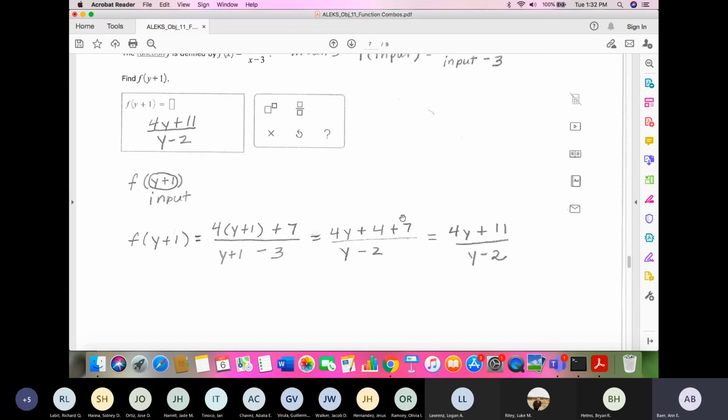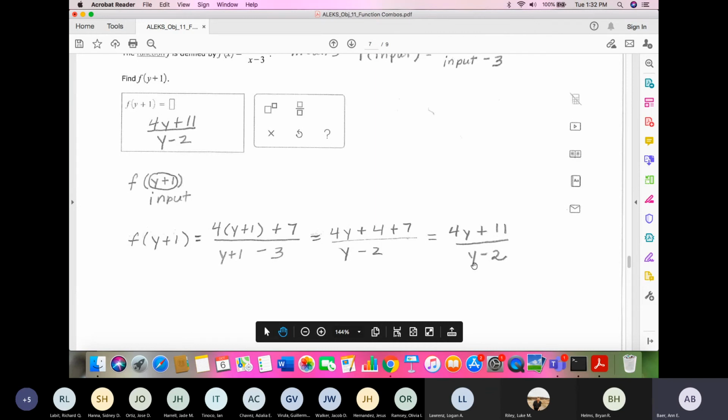Up here, we still have some numbers to combine, that 4 plus 7, which is 11, but we've got to copy over the 4y as well, and then the plus sign. So 4y plus 4 plus 7, which is 4y plus 11. And copy over the y minus 2.